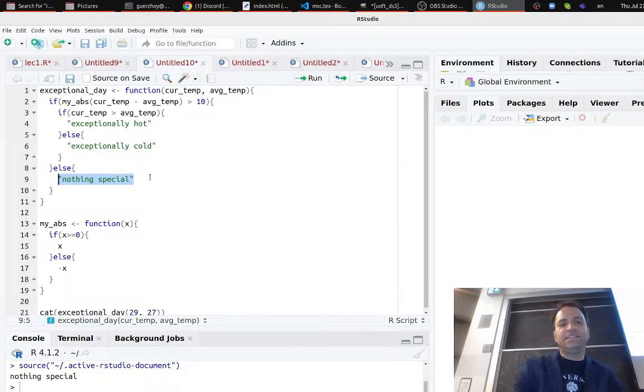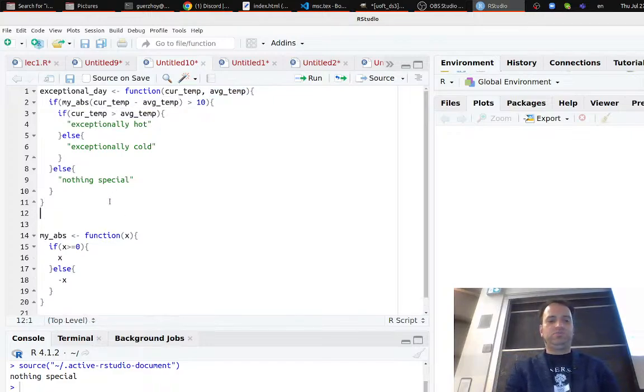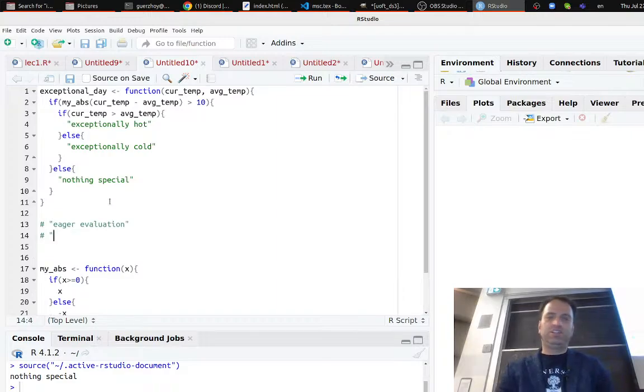Basically, how do you evaluate a function like that when you plug in current temp and average temp? There are several options. One extreme is called eager evaluation. This is really advanced material. If you haven't done a lot of programming, that's not going to make a lot of sense.